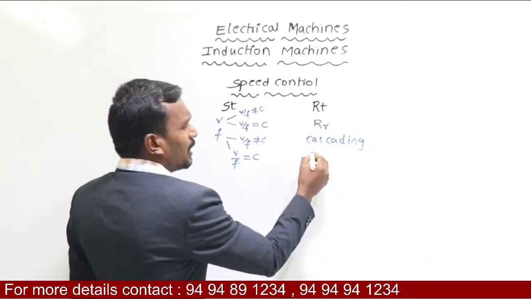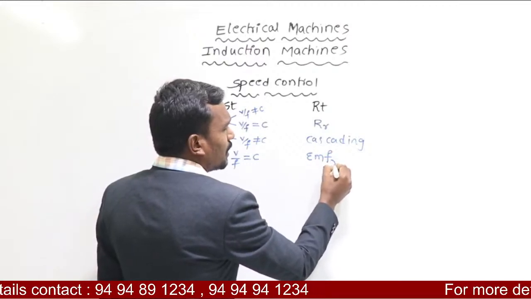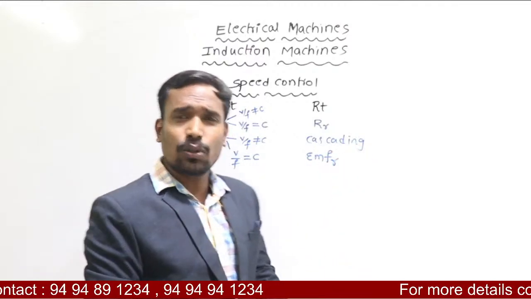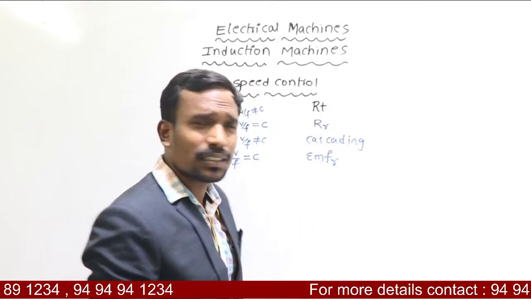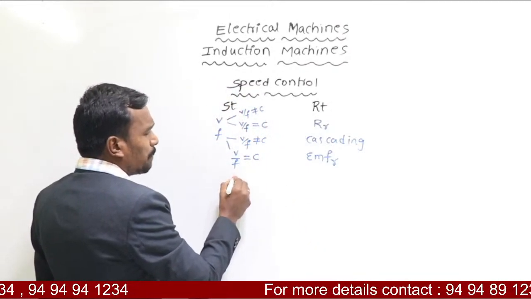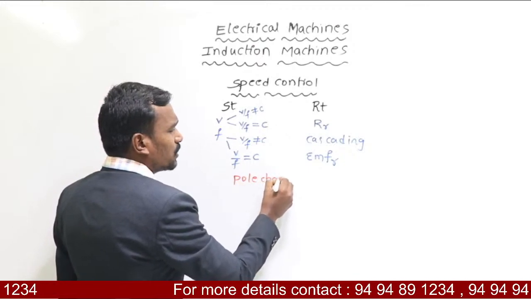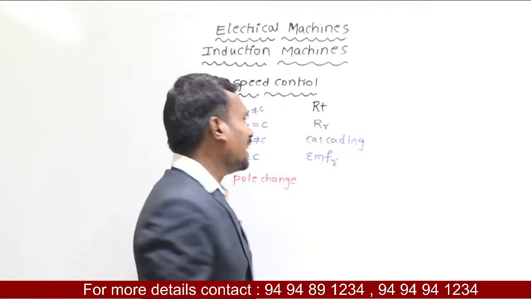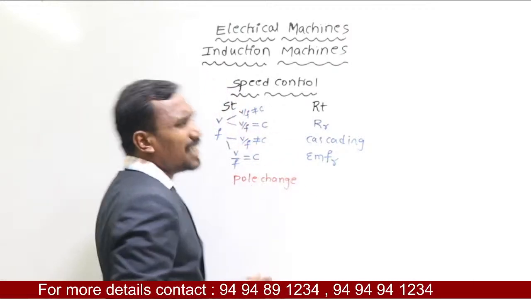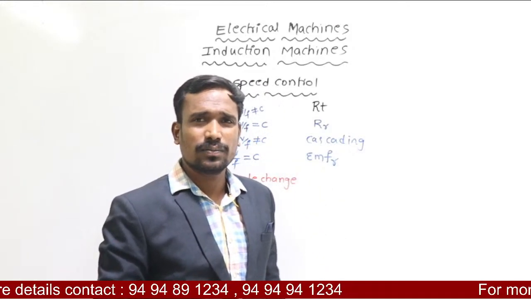Of course, by injecting EMF into the rotor we can control the speed. Yes, of course, by the pole changing method, by changing the poles, we can control the speed. Like that, we have many speed control methods for our induction machine.